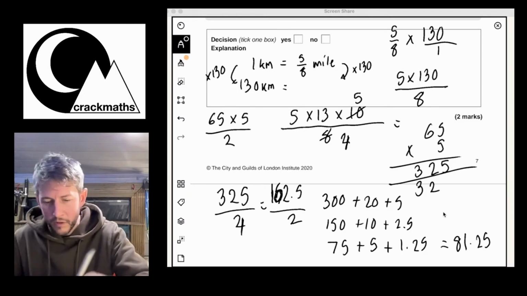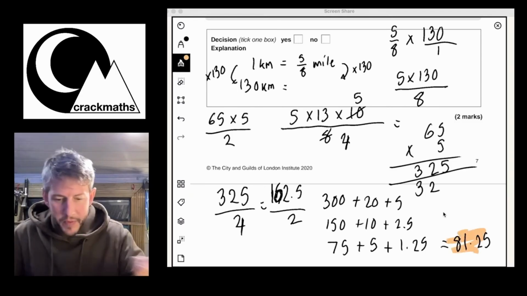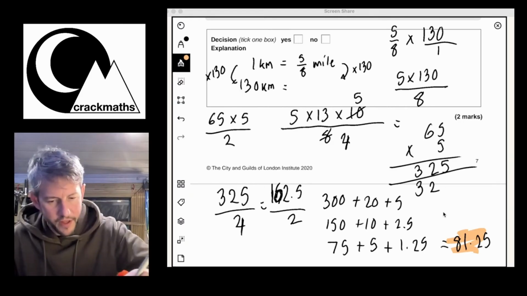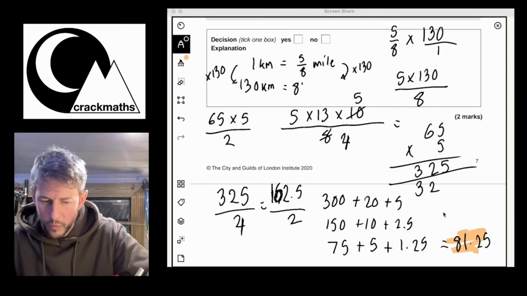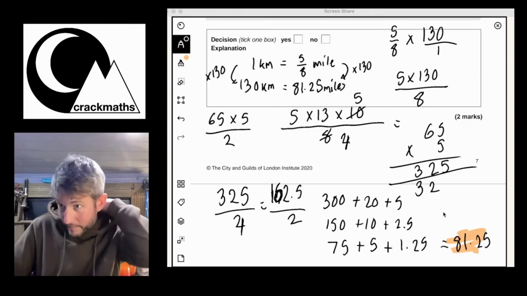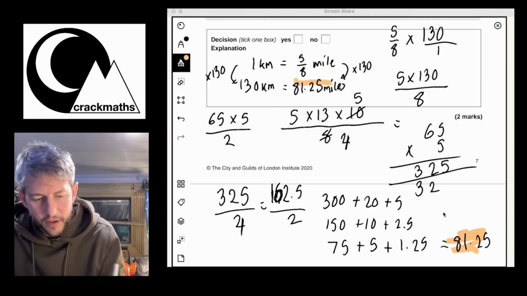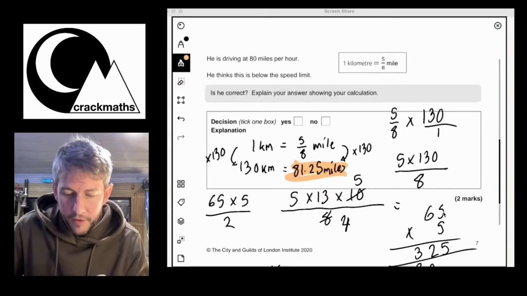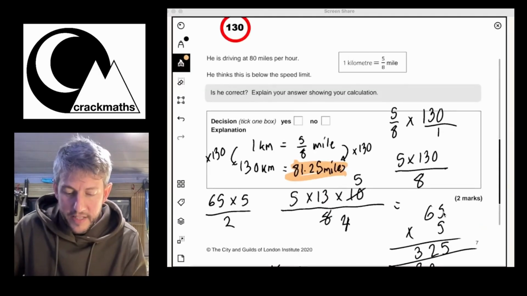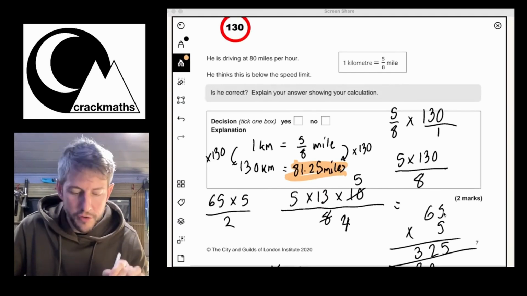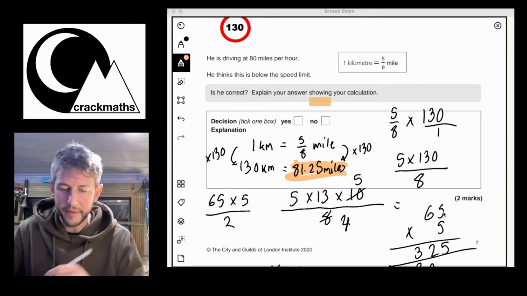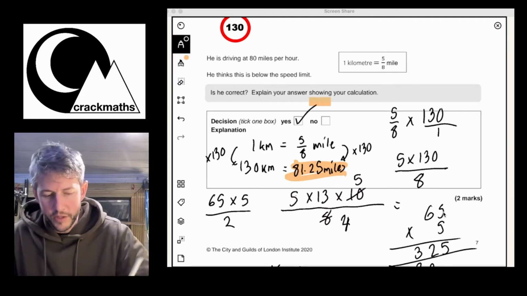So this is 81.25 miles. 130 kilometres an hour is 81.25 miles per hour. So that is fine. They are within the speed limit. So we are all good.